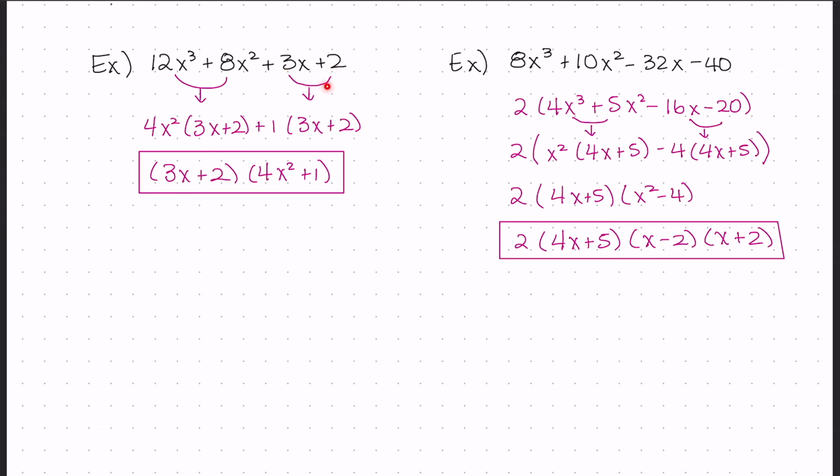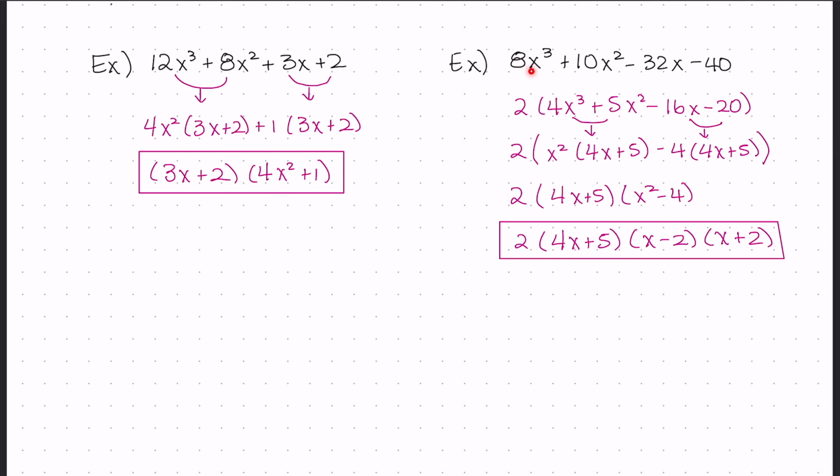The second pair of terms, the only thing that goes into both 3 and 2 is a 1, and normally we wouldn't factor out a 1, but for factoring by grouping, it's going to be important that we write that plus 1. So I'm going to write that we are factoring out a positive 1, which still leaves us with 3x plus 2. But now the 3x plus 2's match, so we can factor them out. And that leaves us with 4x squared plus 1 as our other factor.